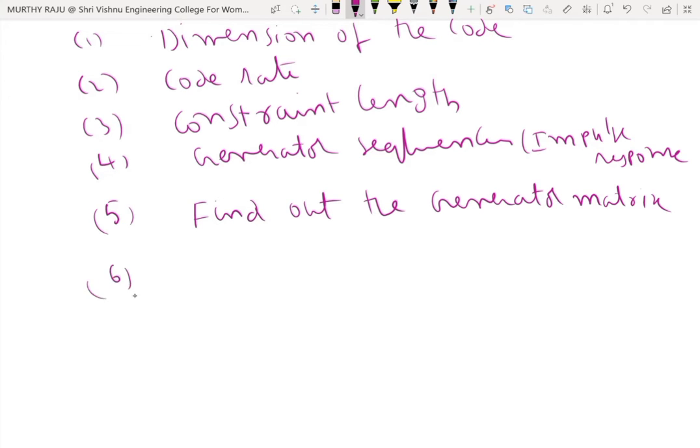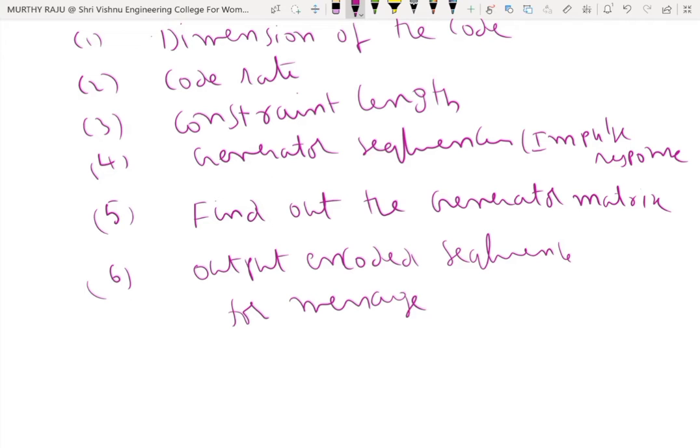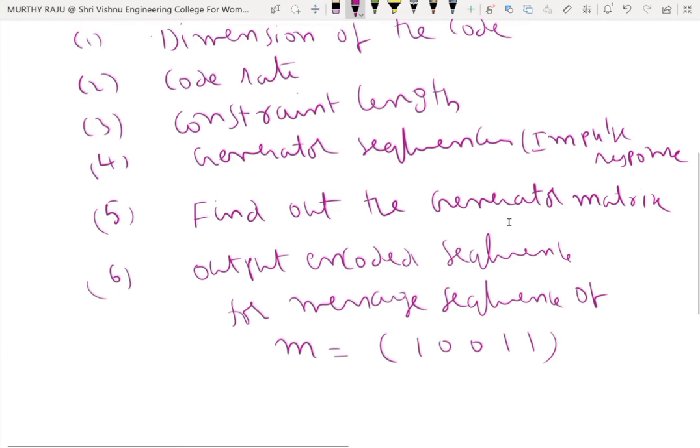Sixth one is to find out the output encoded sequence for the given input message sequence. Message sequence m is equal to 10011.